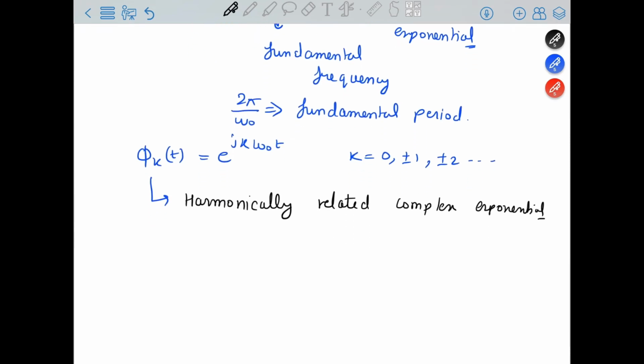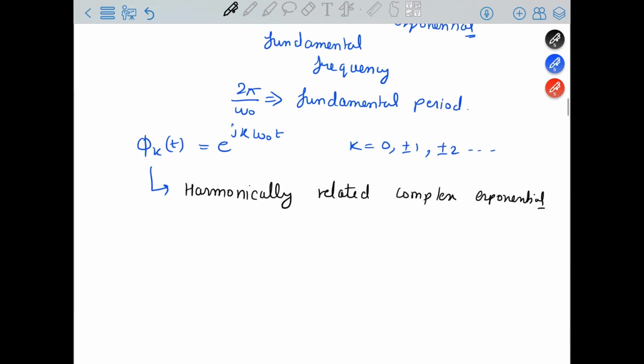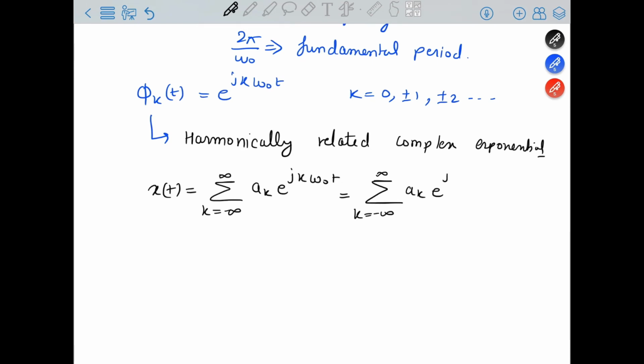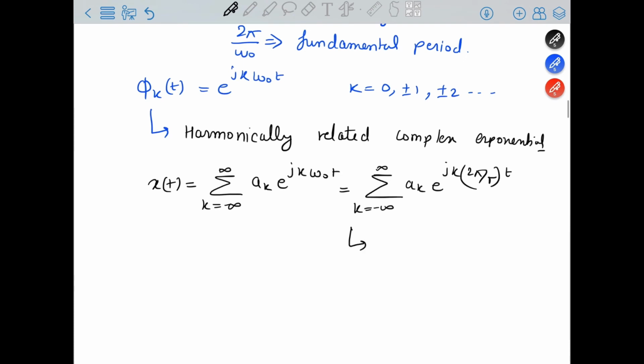Thus, a linear combination of these harmonically related exponentials can be represented as: x(t) is the summation from k equals minus infinity to infinity of a k e raised to the power j k omega naught t, and consequently this can be written as the summation of a k e raised to the power j k 2 pi by T times t, and this is the expression for your Fourier series.